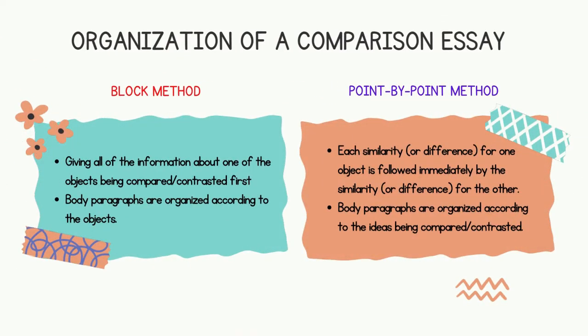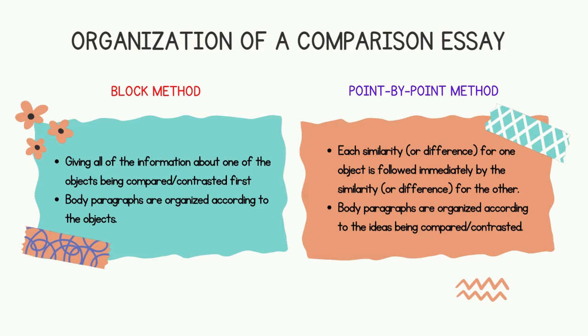Writers organize comparison essays in two major ways. In the block method, the writer discusses all the chosen points of comparison of the first subject and then uses the same points of comparison to discuss the second object. Another alternative is the point-by-point method.